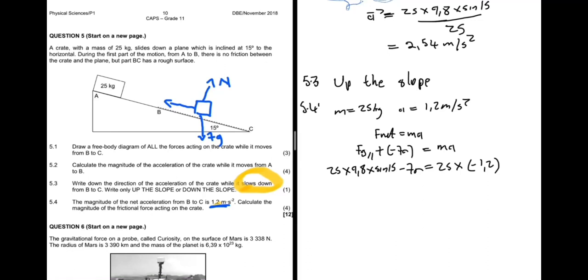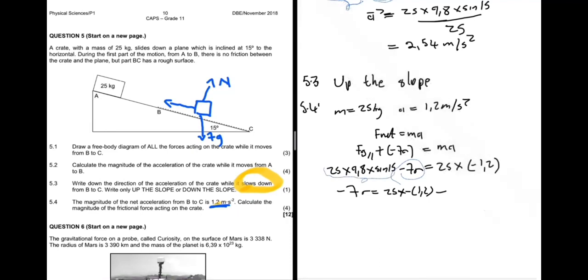If it's opposite to our direction of motion, we put a negative sign, just like we did with our friction. So we're going to have minus friction equal to 25 multiplied by minus 1.2. And then we're going to subtract this whole expression here.